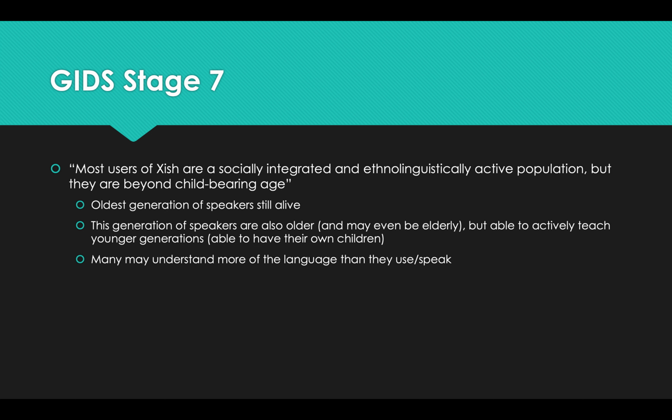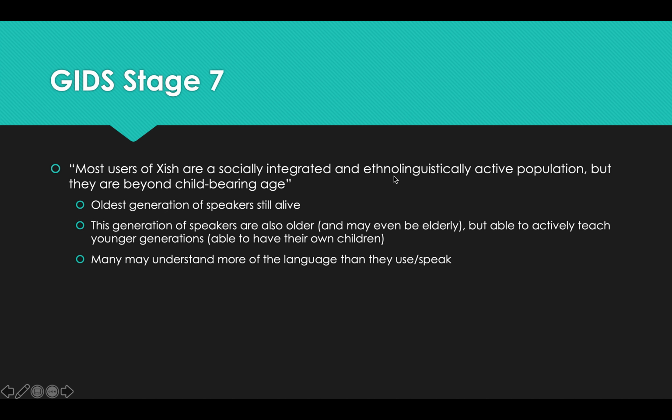So get stage 7. This is the definition from the article. Most users of X are socially integrated and ethno-linguistically active population, but they are beyond childbearing age. So what does this mean? So the users of the language are socially integrated. So that means they're not isolated. They have children and grandchildren around them.